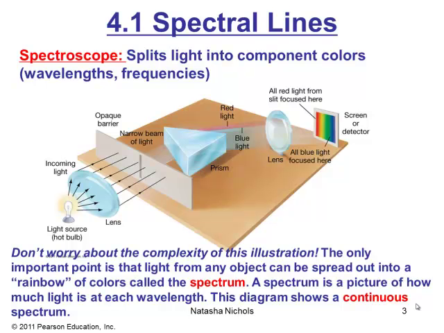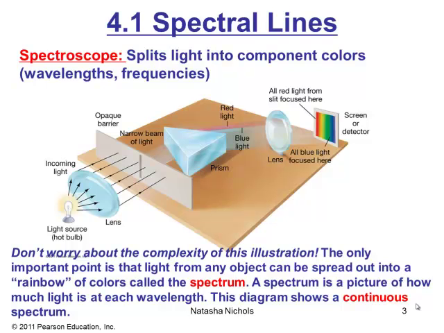Then we introduce a prism in the way that has the ability to spread out the colors into the rainbow colors, so from red to blue. And then if we use another lens, that can focus those colors on a screen, and we end up seeing the rainbow on the screen or the detector on the far right.